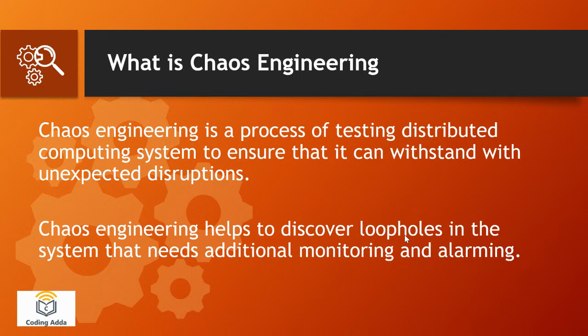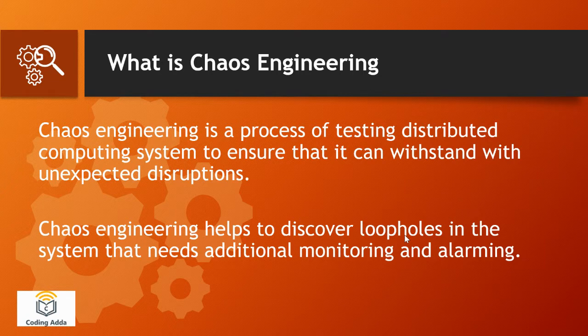And in chaos engineering, we deliberately put some unexpected conditions onto that system, and then we see how that system is behaving under those circumstances, right? Whether that application will withstand that particular condition, or what the exact behavior of that application is. So this is what chaos engineering is, right?